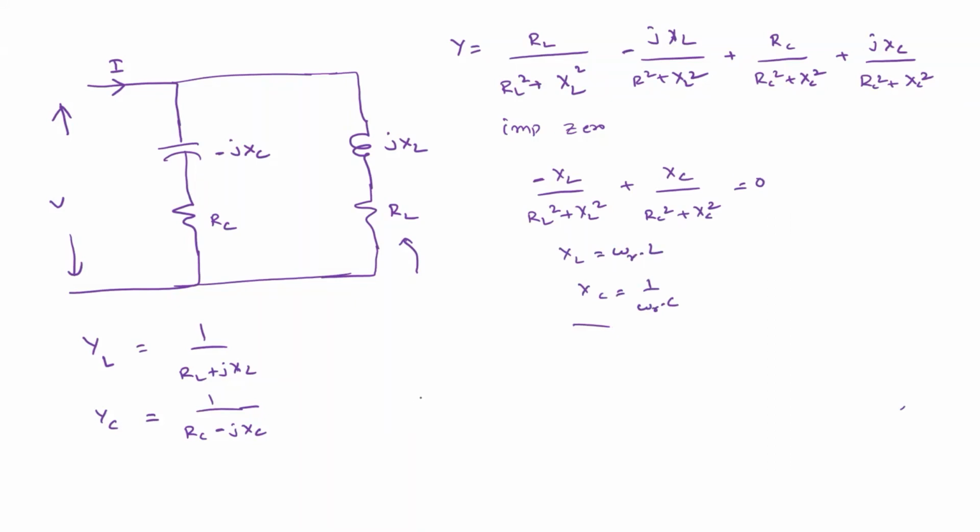If you find the resonant frequency, it will be something like this: 1 by 2 pi square root LC, this is the original one, times the square root of RL square minus L by C over RC square minus L by C. Okay, so this is the final formula for the generalized circuit. The resonant frequency FR equals 1 by 2 pi square root LC times the square root of (RL square minus L by C) by (RC square minus L by C).